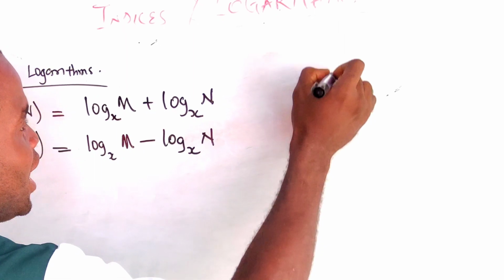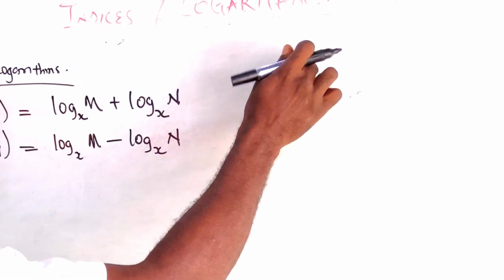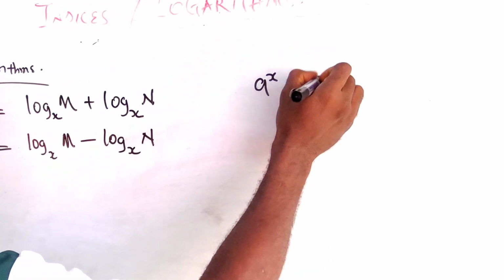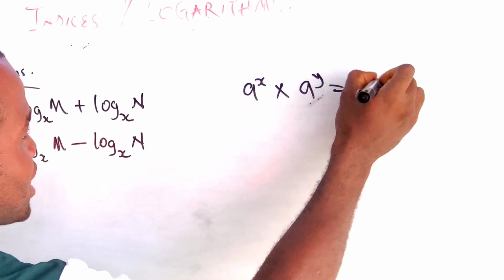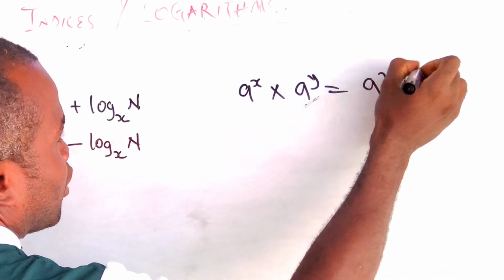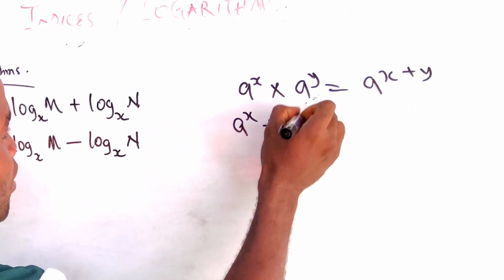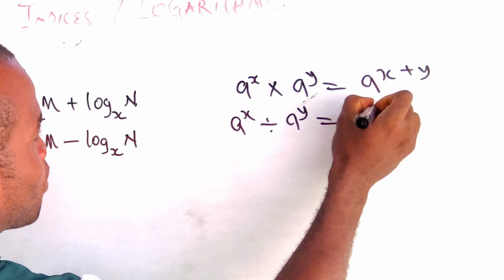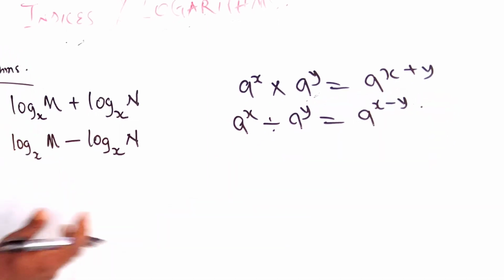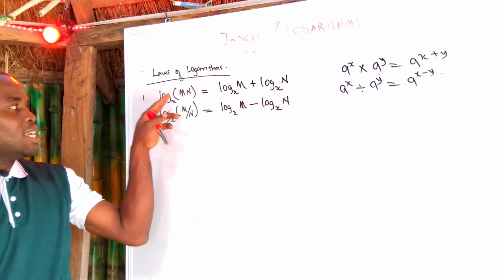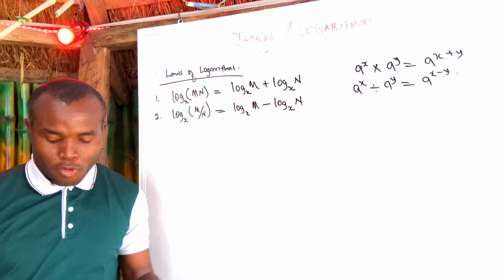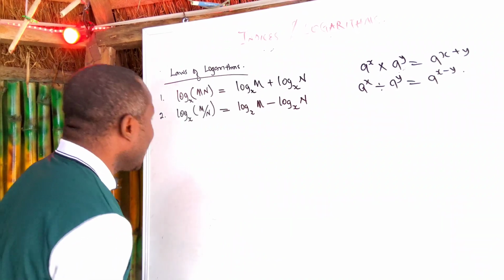When you have a raised to power x, remember this is the base, this is the power, multiplied by a raised to power y, it is the same thing as a to the power x plus y. And when you have a raised to power x divided by a raised to power y, it is the same thing as a raised to power x minus y. So you can see they're just the mirror of one another.